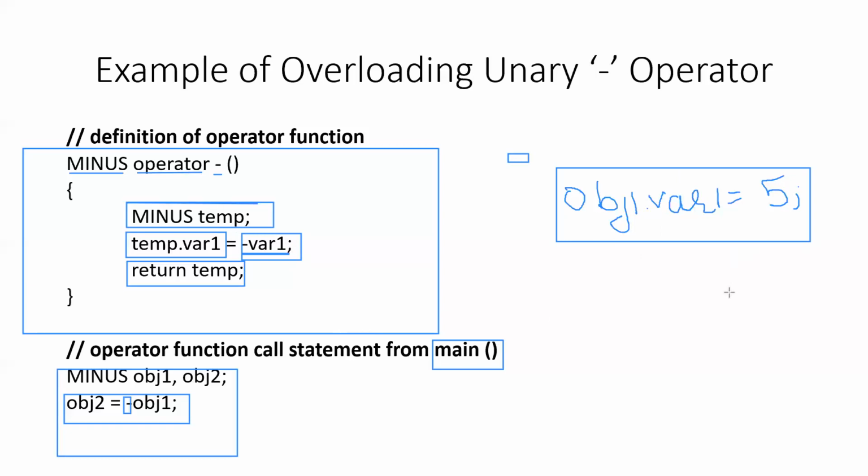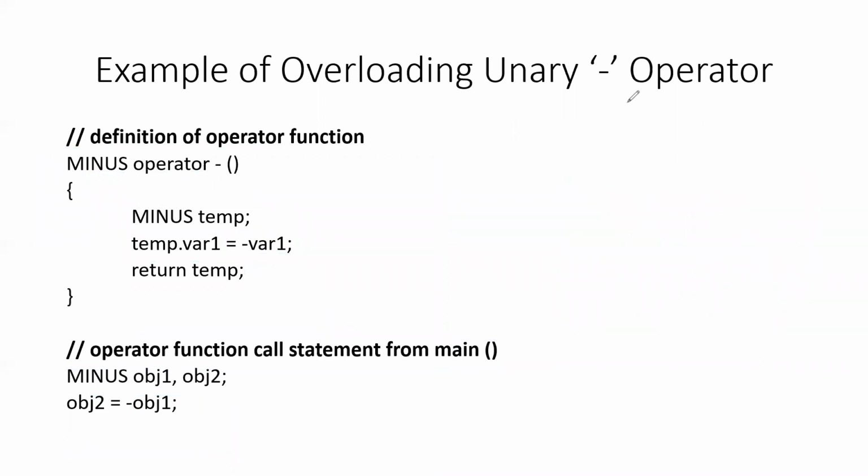So what is the negative of this? The negative of this is -5. So it will be assigned to temp dot variable 1. So temp dot variable 1 becomes -5. And we are going to return temp. So once we return temp, where will it go? It will be assigned to object 2. So this is how we can overload a simple unary operator.